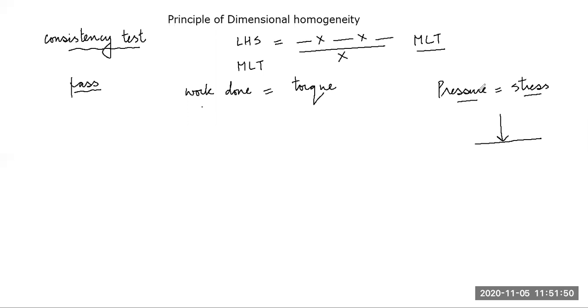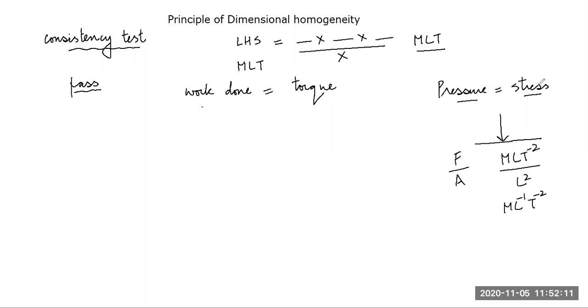But the MLT of pressure and stress are the same. What is that? The MLT of pressure is force divided by area. So force is MLT minus 2, divided by area which is L2, that is ML minus 1 T minus 2.